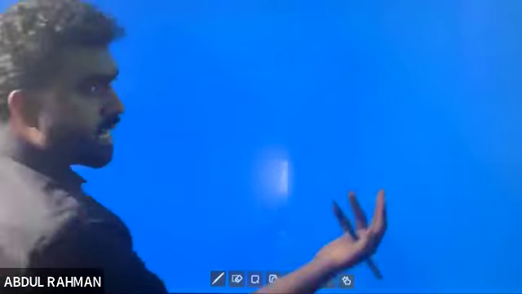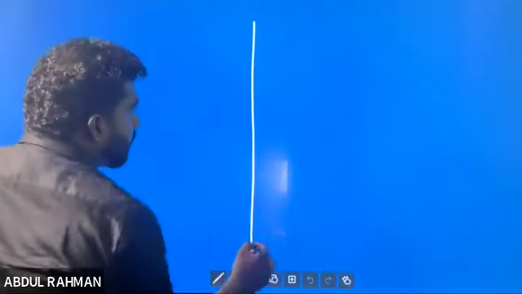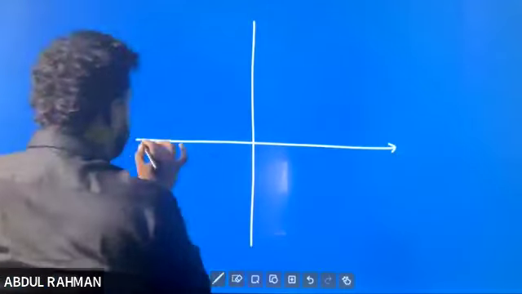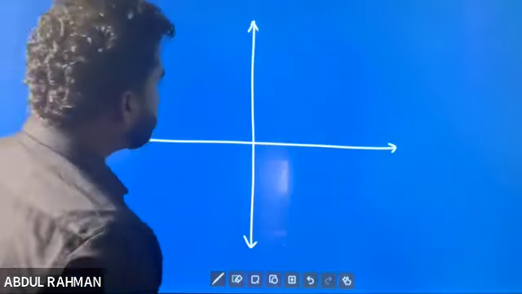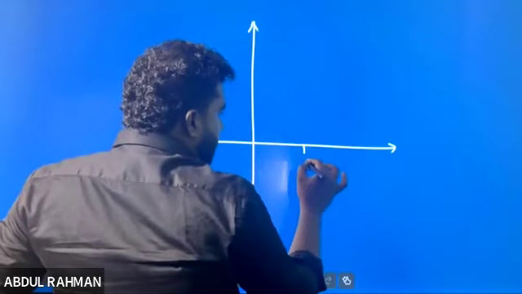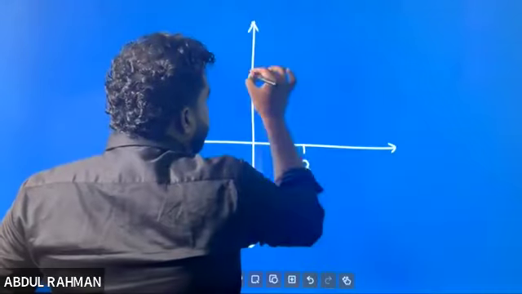Coordinate. I'm drawing a Cartesian plane. This is what is called a Cartesian plane. You studied this in grade 8. Now let's say this is 3 and this is 3.